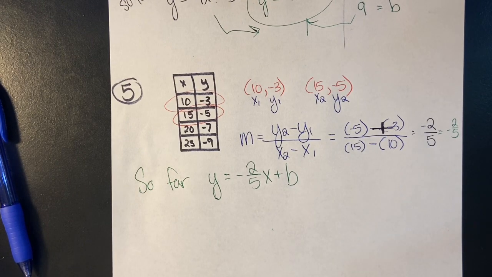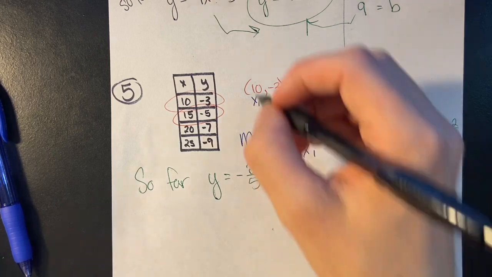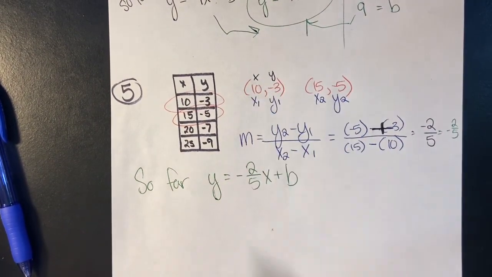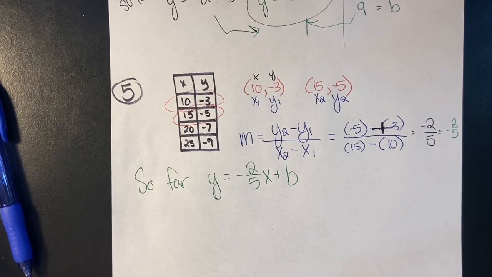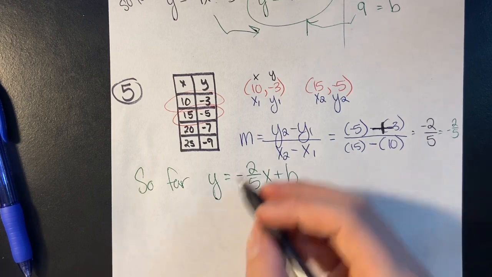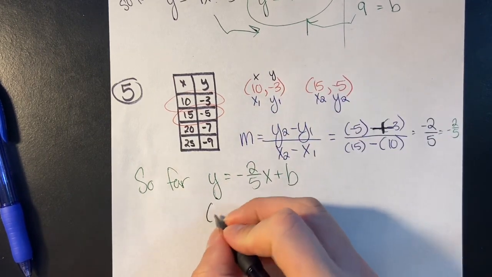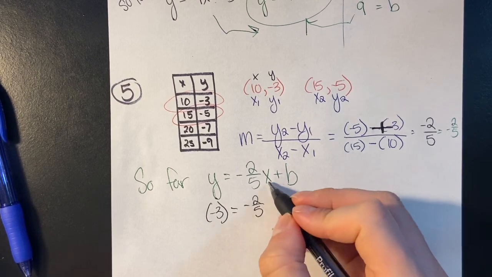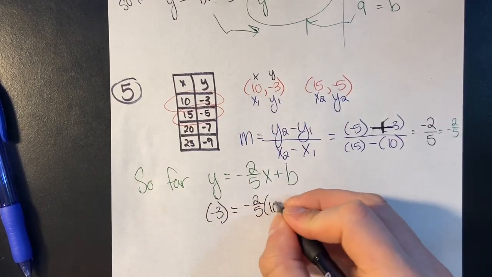Now I have to find b. So let's take any point. I'll use this one. It could be any of these points, but I'm using that one because 10 is just friendly. And I'm going to replace y with negative 3 equals negative 2/5, and replace x with 10, plus b.